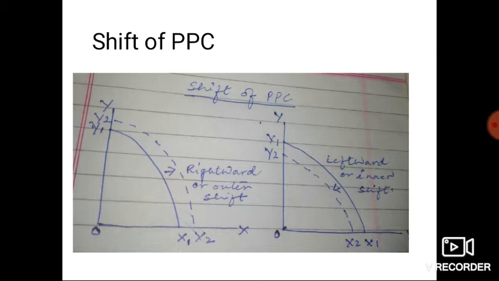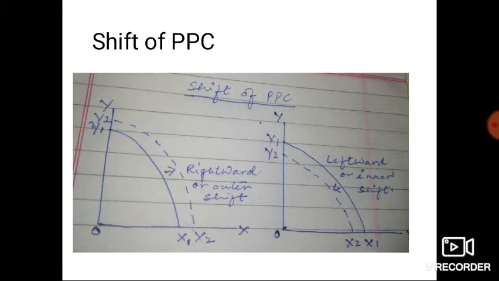Now, if you see on the screen, there are two types of graph shown. The first one is the rightward shift of the PPC. There are two PPCs shown in the graph: one is dotted and the other is a line.